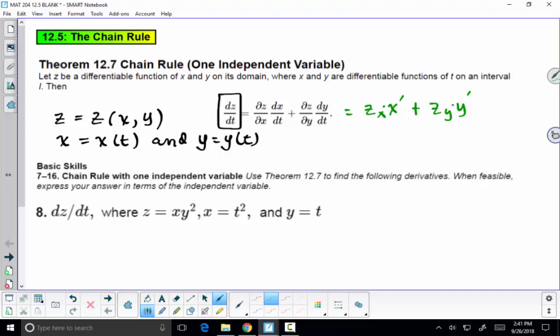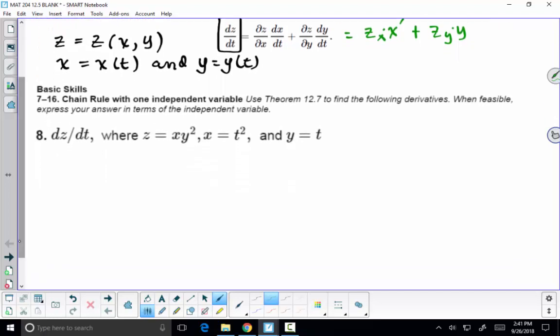So let's try our chain rule. Okay, so we have z equals xy squared. If we want to find the derivative with respect to t, first let's do it the more intuitive way where we say, well, if it's a function of t, let's just turn everything into t's.